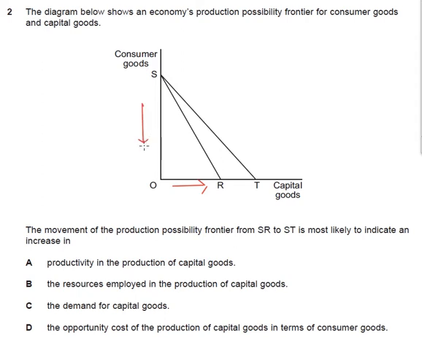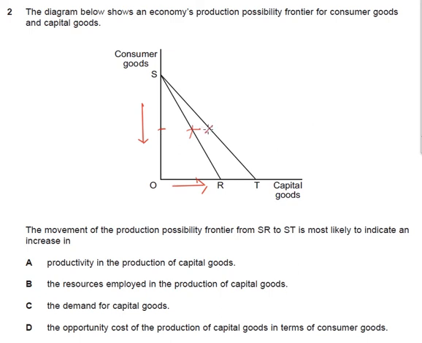Now let's just see if that is what is being shown by this movement from SR to ST. So, if I draw a point here, that is showing me that I have produced this many capital goods and this many consumer goods. We've now moved from this point to here.